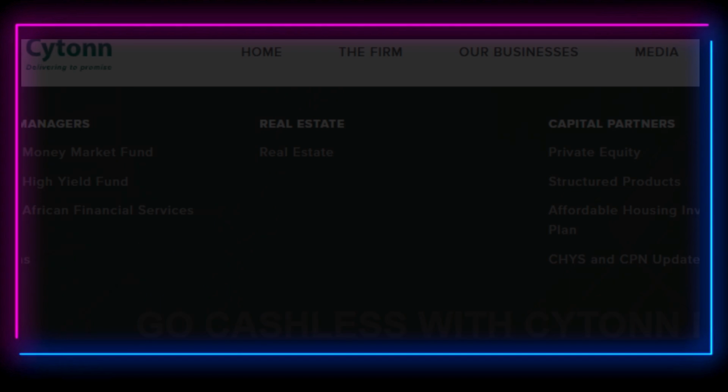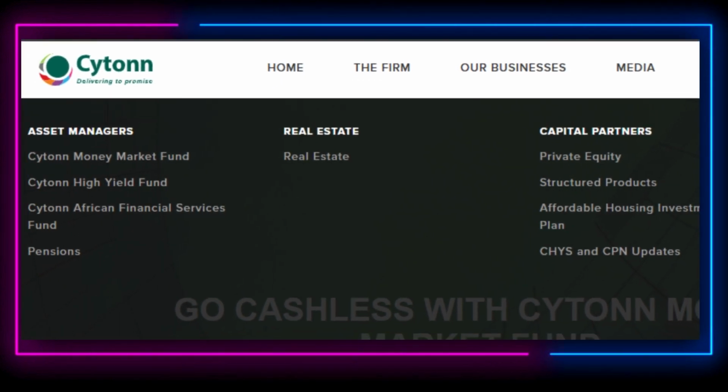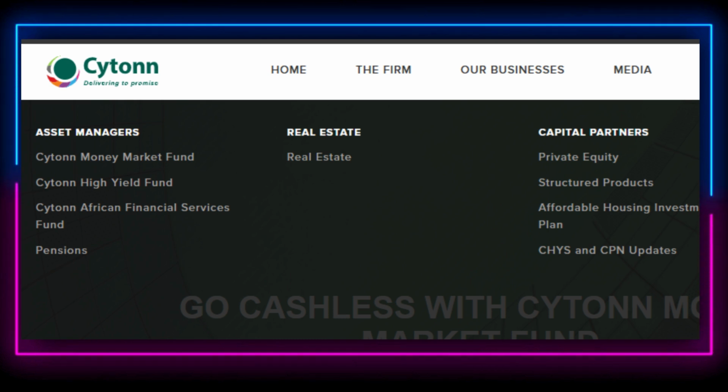Okay, so let us start with how Cytonn is structured, so that you can see where the Cytonn Money Market Fund and also the Cytonn High Yield Fund fall under in this company. As you can see here, this is a screenshot I got from the Cytonn website.